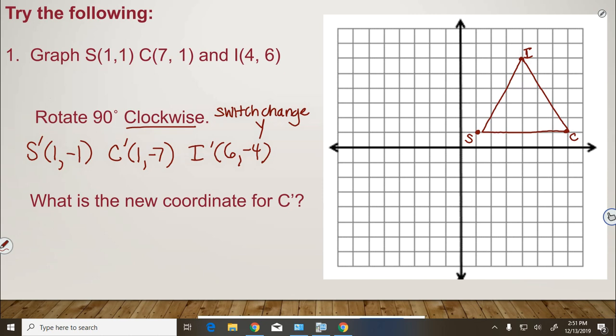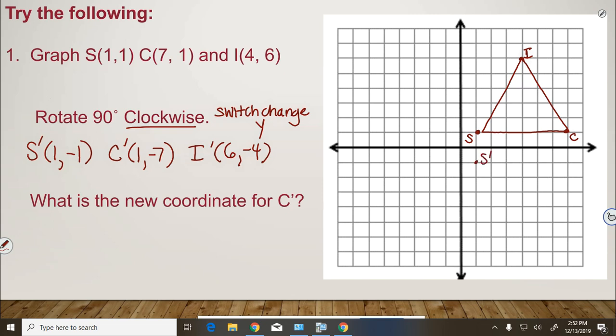Now remember, clockwise is the direction of a clock. So if we're rotating around a clock, we go in this direction. That would be considered clockwise, where this direction is considered counterclockwise. But by knowing the rule, it's going to happen for us naturally. So S prime is (1, -1), so we go right 1, down 1.